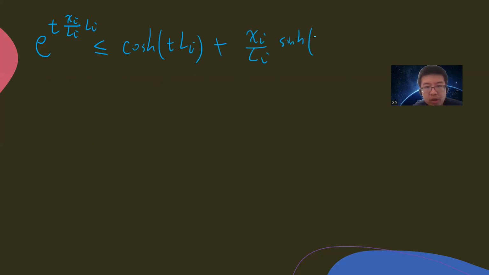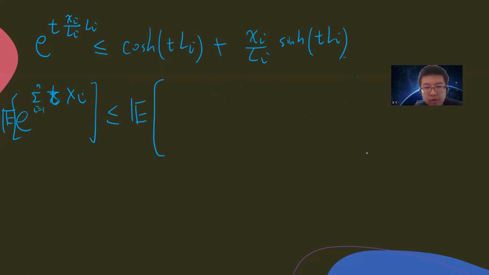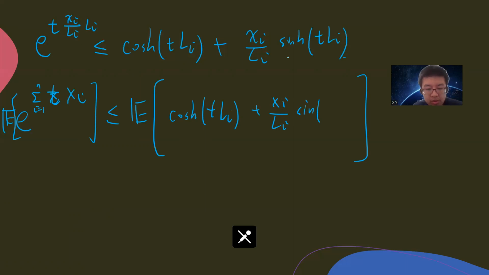So the expectation of exponential of the summation of t xi, i from 1 to n, will be bounded by the expectation of the product of cosh t li plus xi divided by li times sinh t li.